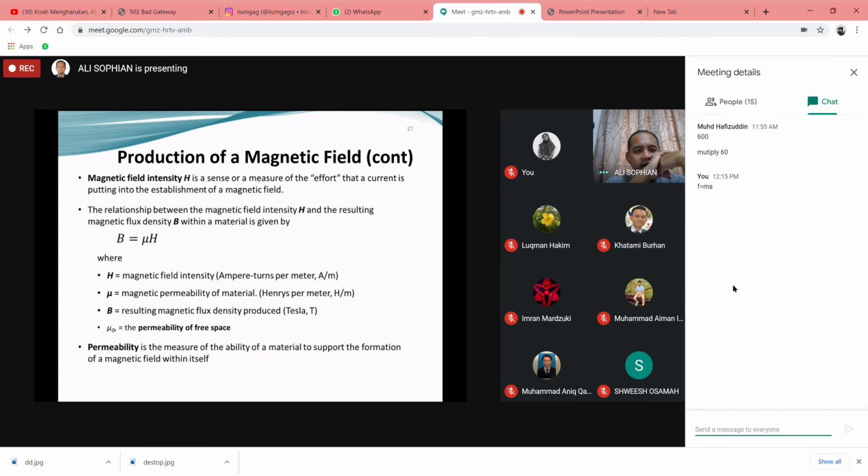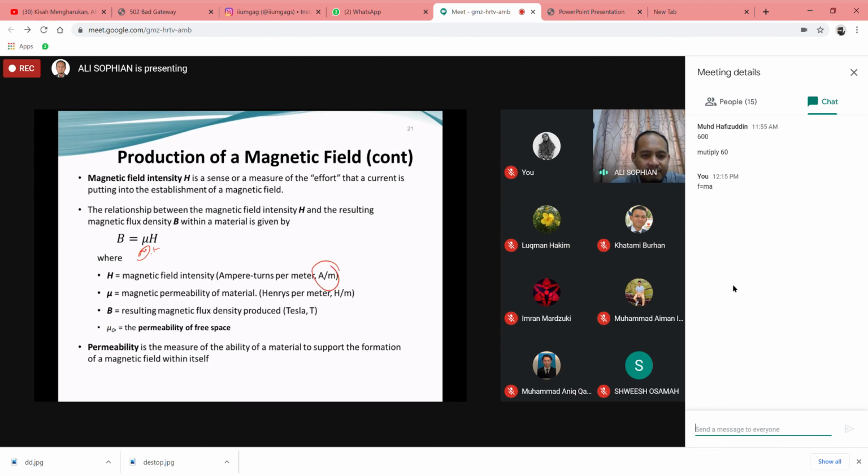Then the relationship between the magnetic field intensity and the resulting magnetic flux density B within a material is given by B is equal to the magnetic permeability, mu, into H. Okay, mu, that's the name I was looking for. B equals mu into H. H is magnetic field intensity, the unit is ampere per meter.